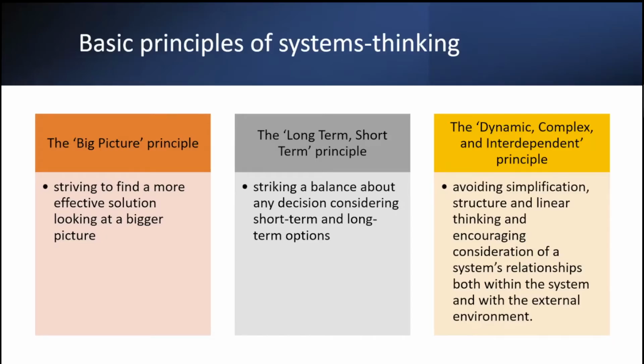And so you need to understand the complexities and dynamics and the interdependence between all the components. And you have to assess those relationships along with the internal system as well as the external environment. And so there is a lot of dynamism going on in a system.